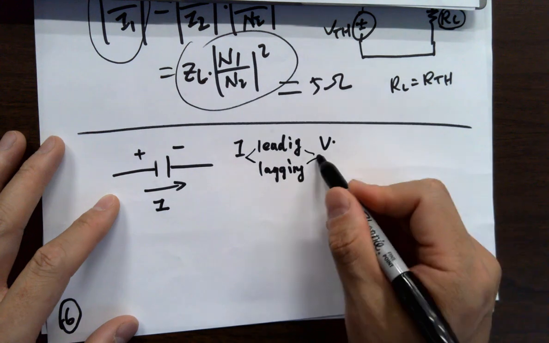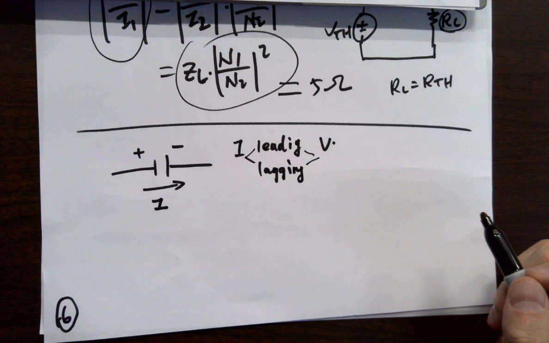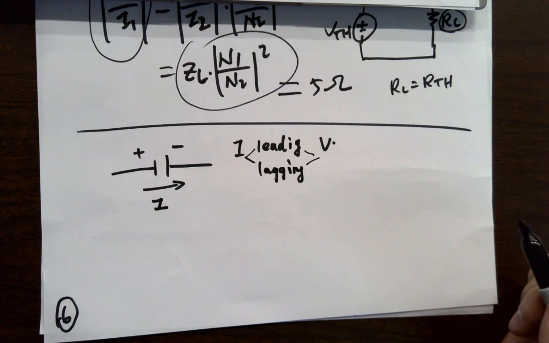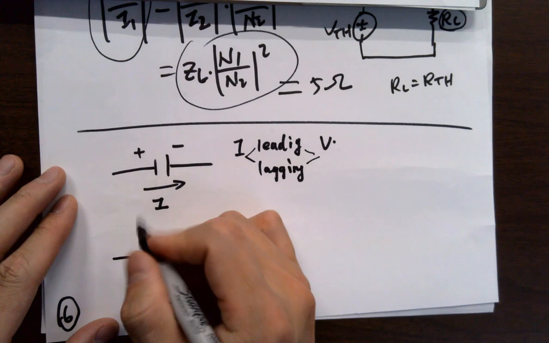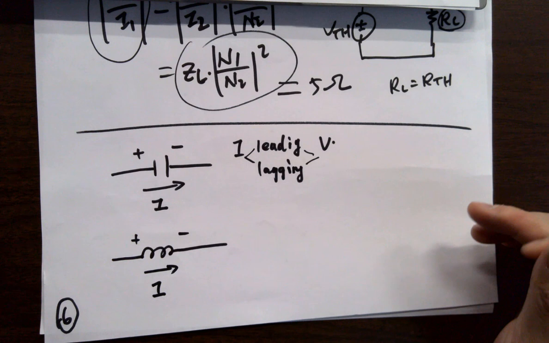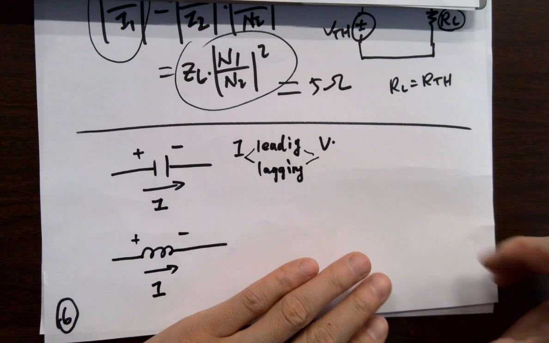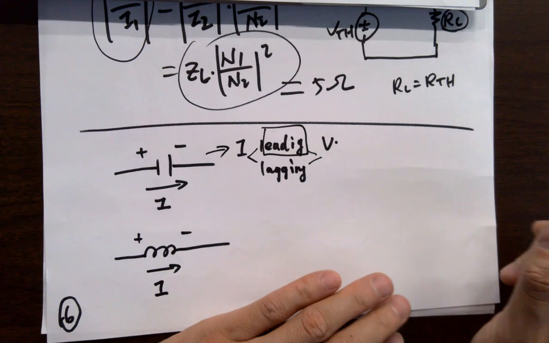Which one? Yeah, so after the end of the semester, you should answer this question in 1 second. Let me go through this one more time with you guys. It's leading, okay? So in a capacitive circuit, the current is leading the voltage.